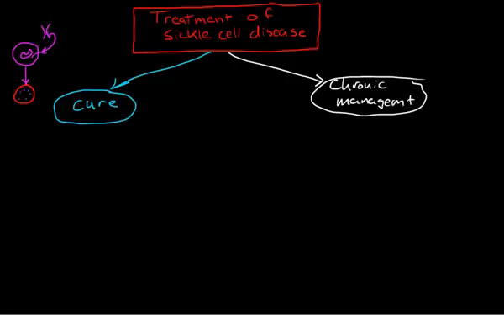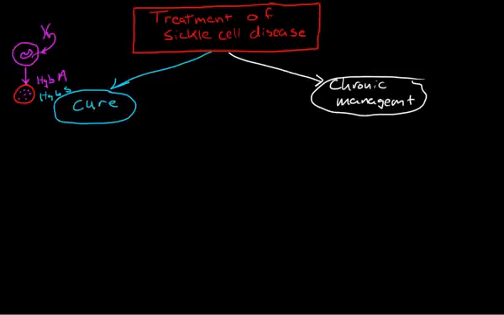Patients with sickle cell disease don't have the normal hemoglobin A, they have a different version called hemoglobin S. Hemoglobin S is caused by this genetic mutation in the 11th chromosome.